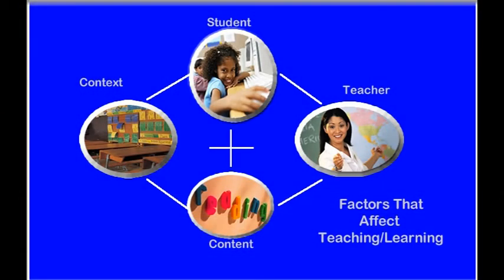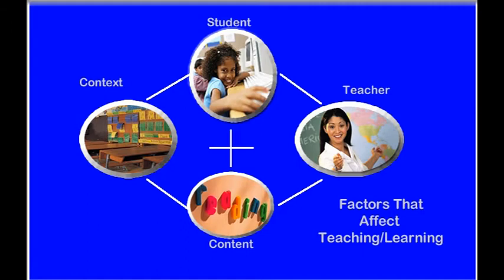Prescriptive teaching involves the consideration of 4 key factors, all of which impact the outcome of teaching and learning. These 4 factors are present in every teaching and learning situation. They include the student, the teacher, the content, and the context.